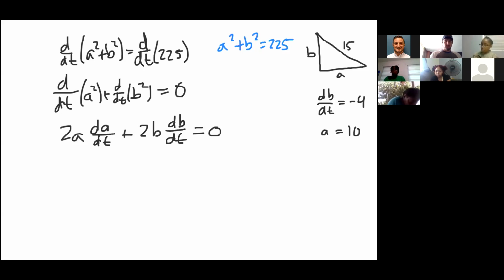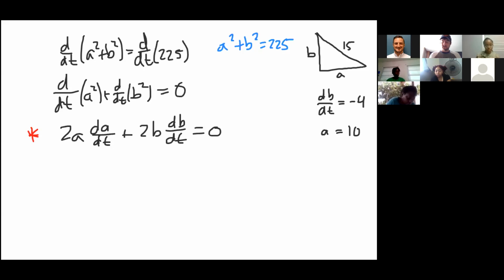So this right here, I'm going to put that nice little red star beside, is my related rates problem. So I can see from there I have kind of 4 unknowns, essentially, just when I'm looking at it by itself: what the value of A is, how A changes over time, the value of B, and how B changes over time. And my goal is to solve for how A changes over time, right? We're trying to figure out how fast the foot of the ladder is moving away.